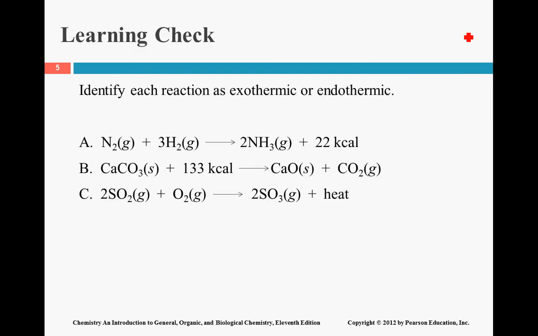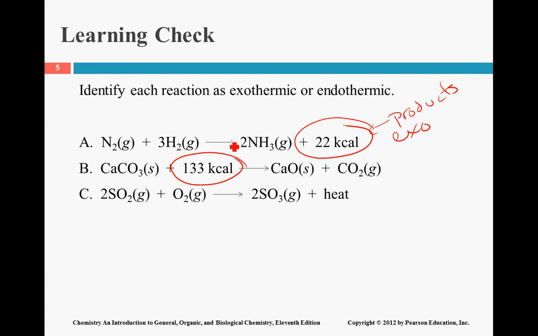Alright, so let's take a second to determine if these are exothermic or endothermic. In reality, all you had to do is look at what side the actual energy is on. For instance, here it is on the right-hand side. That's part of the products, which means that energy is giving off, which means it's exo.